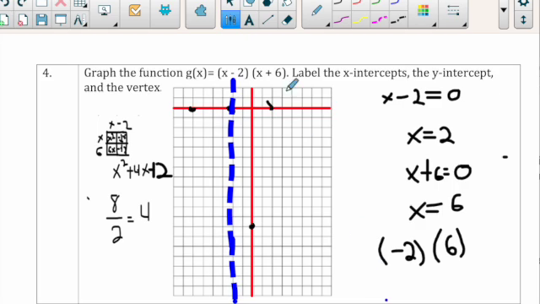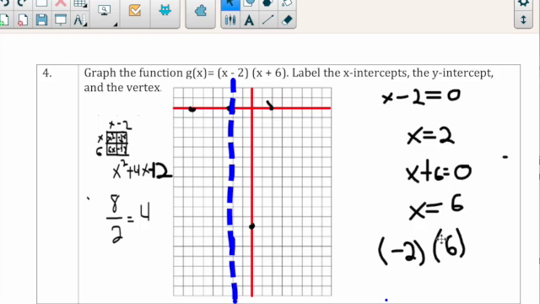It's really hard to make that straight. Okay, so now to find the vertex, I'm going to plug -2 into my equation.